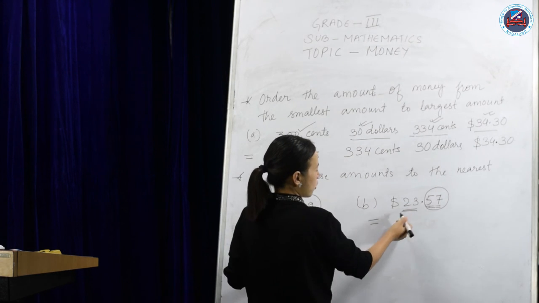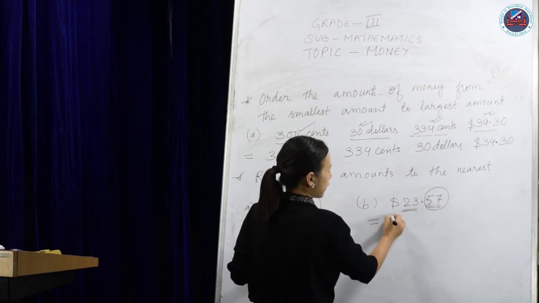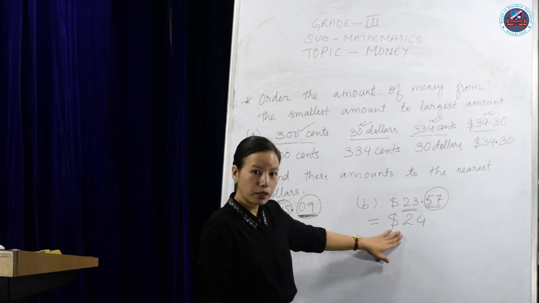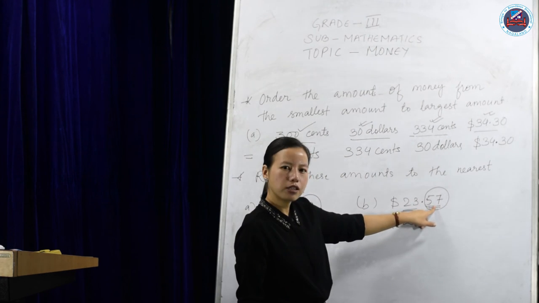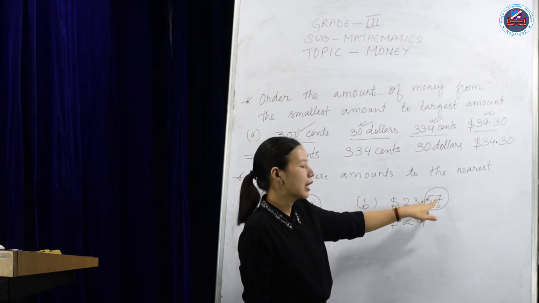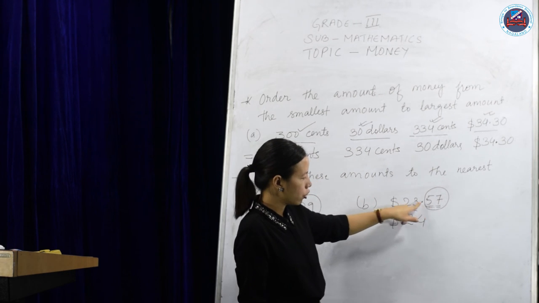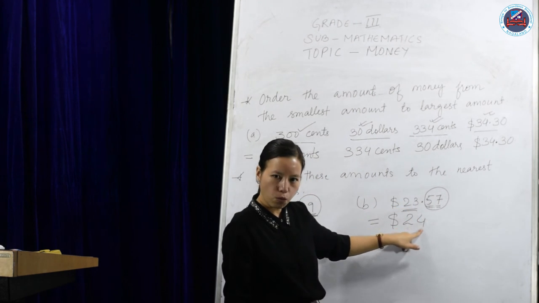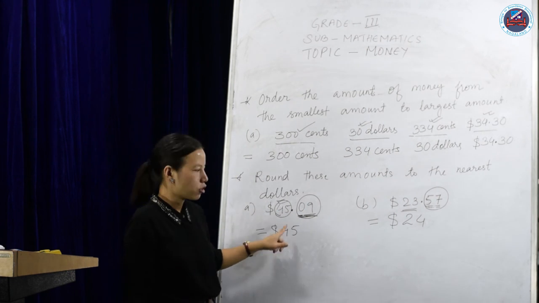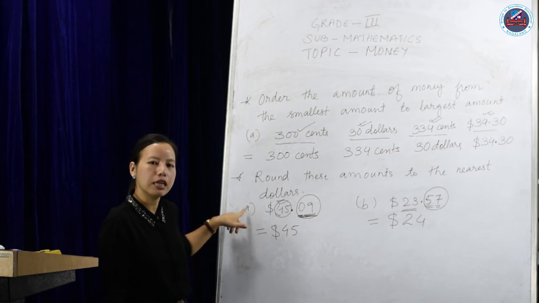That is 23. If you increase it by 1, that makes $24. So know that you have to look at the cents amount, see whether it's more than 50 or less than 50. If it is more, your dollars amount will increase by 1. If it is less, your dollars amount will remain the same. So that's how we round up the amount to the nearest dollars.